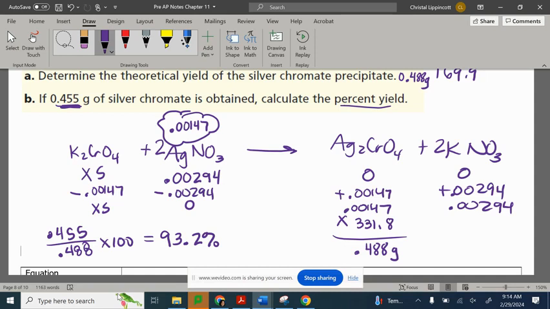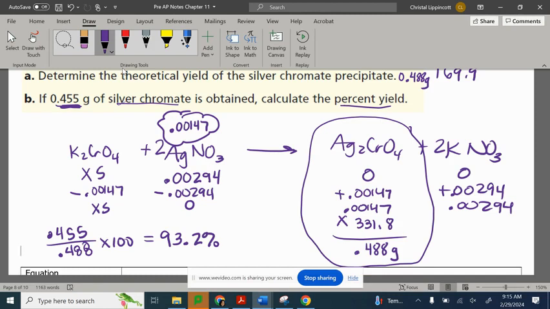Make sense? All right. Any questions about that? How do you know when to use, do you usually use the number in the last row? Well, they asked about silver chromate, so that's why I went with silver chromate. Well, yeah, but is it because this time is an exception that you use 0.455 grams?